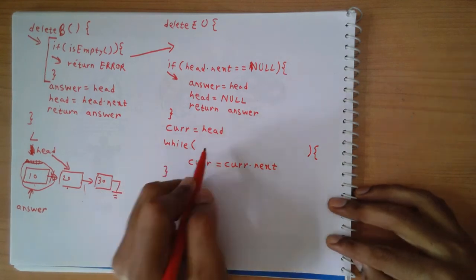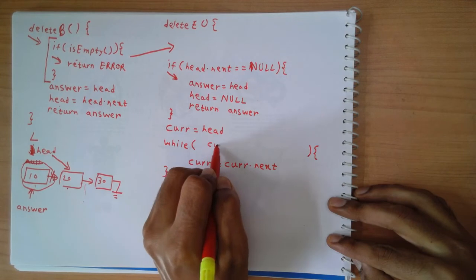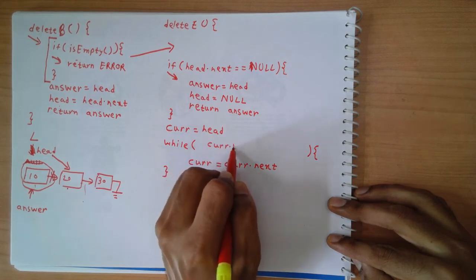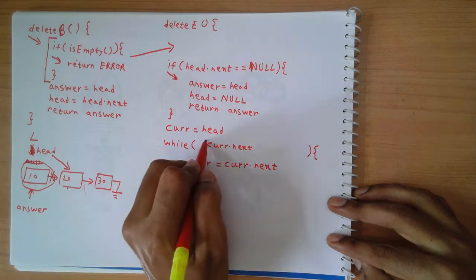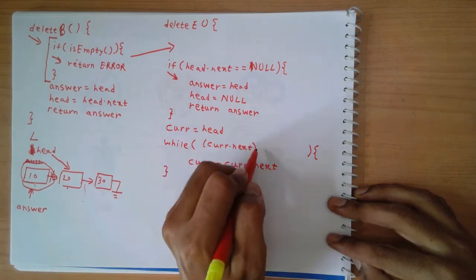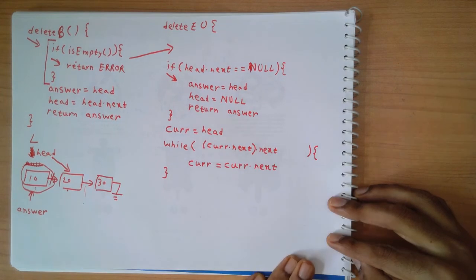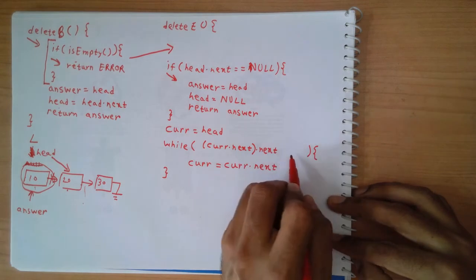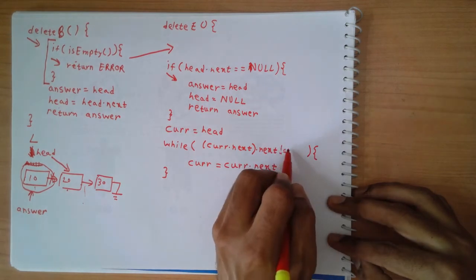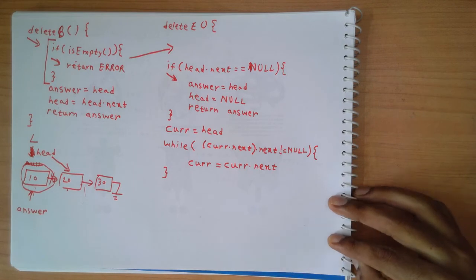Well, when you are pointing to the second last node, if you look at current dot next, it gives you the last node's address, and for that particular node, if you look at the next, the answer is going to be null. So while this answer is not null, we should keep on moving further in the list.